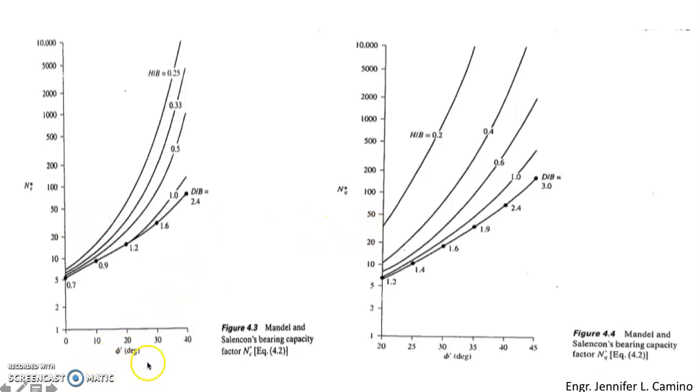What is important using this figure is to know the value of our angle of friction. As long as you know the angle of friction and the ratios H over B and D over B, you can simply identify the values of N_c* and N_q*. Those are our modified bearing capacity factors, introduced by Mandel and Salencon.